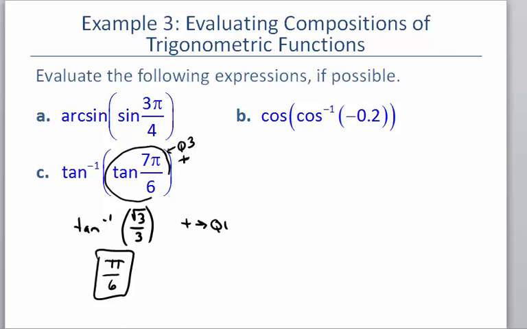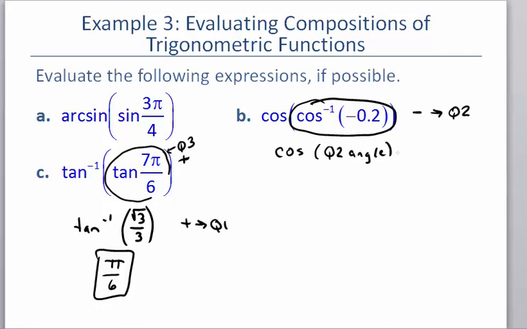All right, so let's look at this. So this inverse cosine of something that's negative, remember that if it's negative, it should produce an angle in quadrant 2. When you take the cosine of a quadrant 2 angle, now, I don't even necessarily have to know what that angle is, but if I take the cosine of an angle in quadrant 2, it's going to be something that's negative.